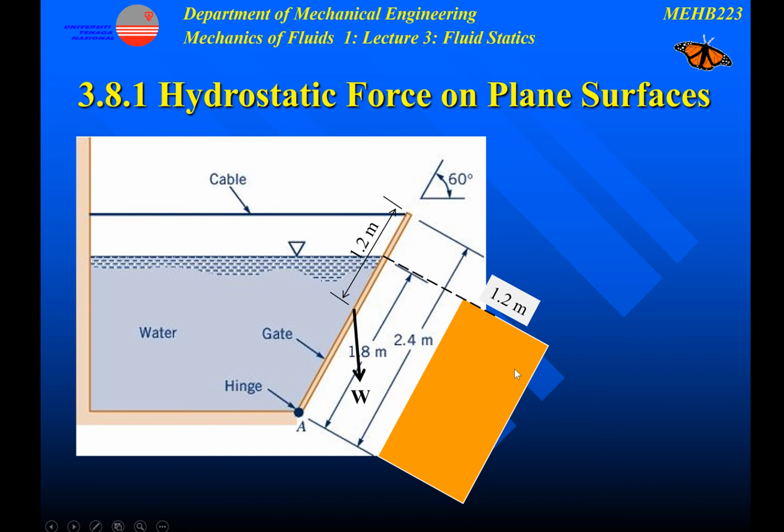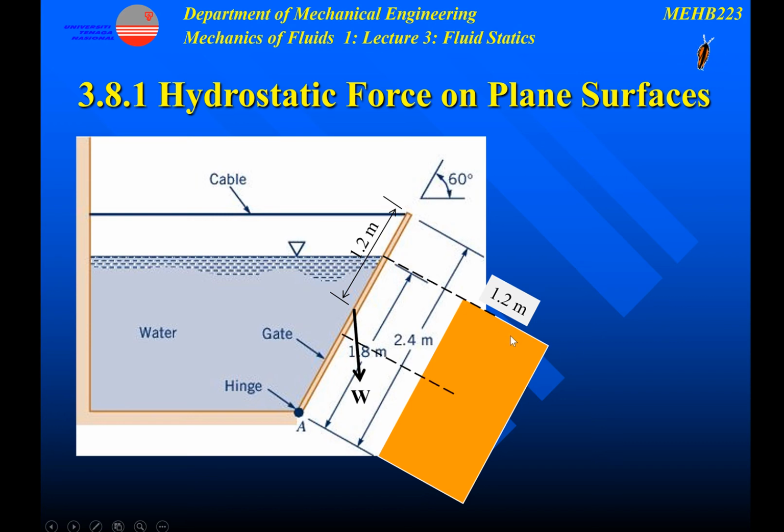So this is the shape of the gate. I draw it up to this point because when you calculate the hydrostatic force, we only consider the length that is covered by the water, which is 1.8, not 2.4. The length is 1.8 and the width is 1.2.